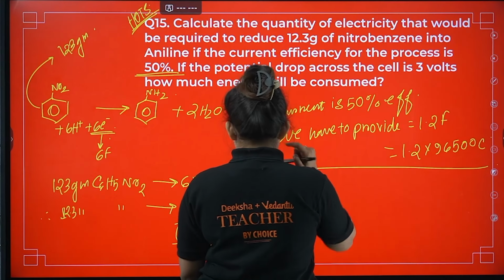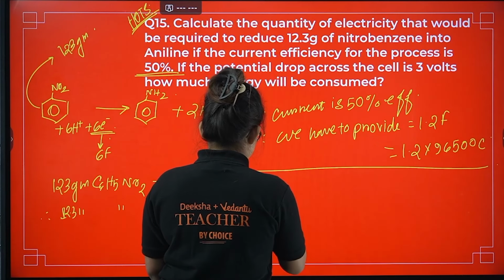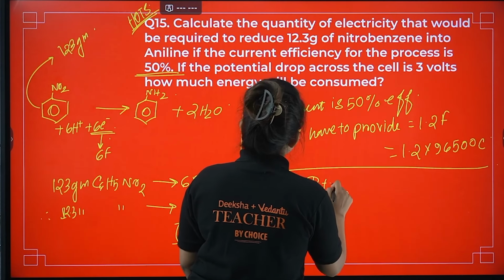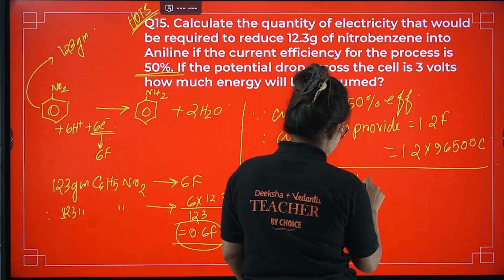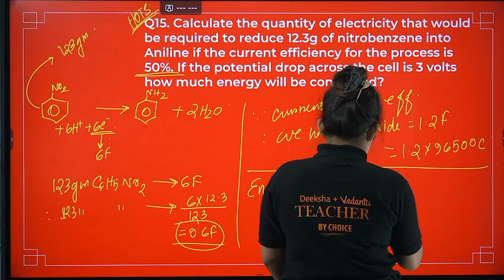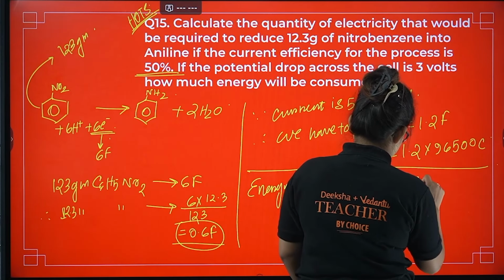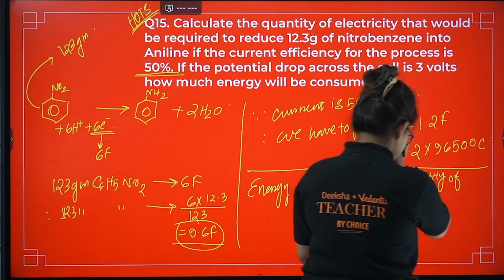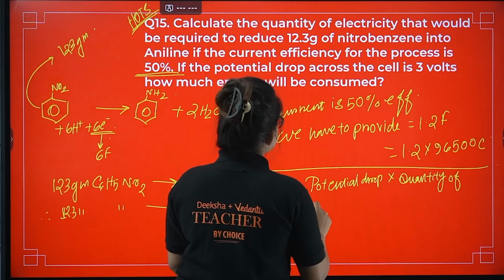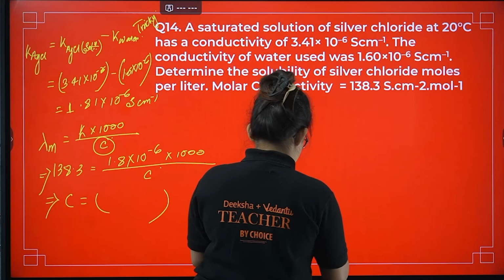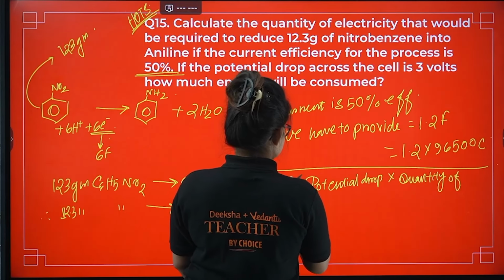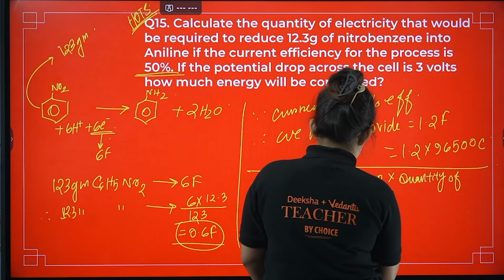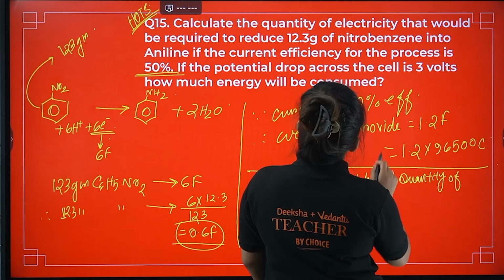Okay, so now if you find out the energy, that is basically potential drop into quantity of electricity. So from here potential drop is how much? They are saying it is 3 volt.